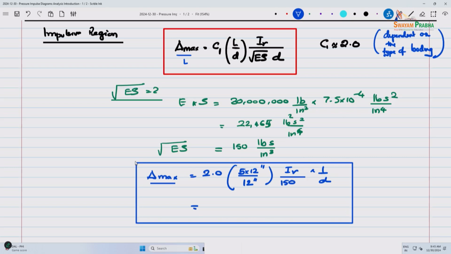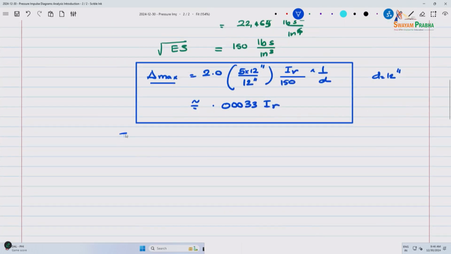So you get this in terms of, now d is equal to 12 inches, and I don't know what the IR value I took. So anyway, this comes to 0.00033 IR inches.